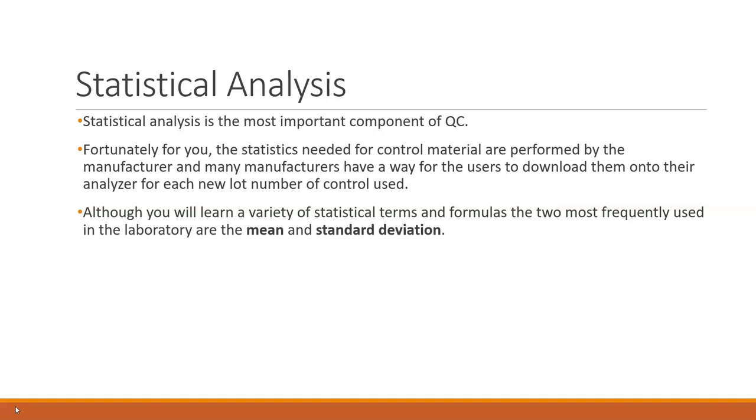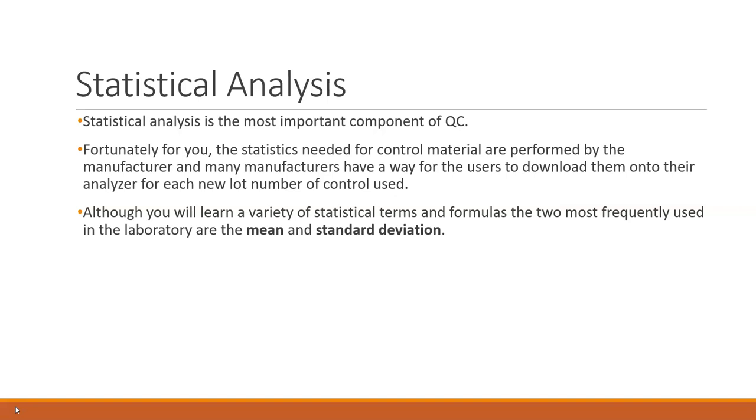Back in the dinosaur days, we had to enter the data individually into the computer. So it's really nice when you get that new lot number, rather than have to put in the values for each analyte, you can just download and it integrates into your computer system. Techs nowadays are so spoiled when it comes to this type of information.